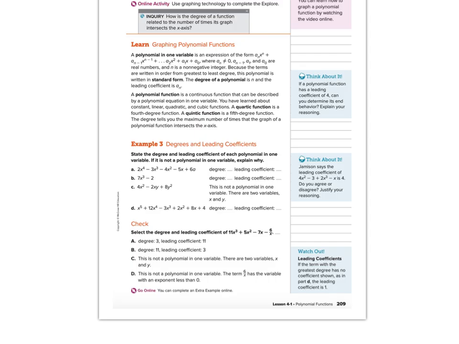But degree and leading coefficients, it says state, well here, standard form, the degree of a polynomial is n, leading coefficient is a to the nth. It is a continuous function that can be described by a polynomial equation in one variable. So this is not a polynomial equation because there is more than one type of variable. You have x and y.